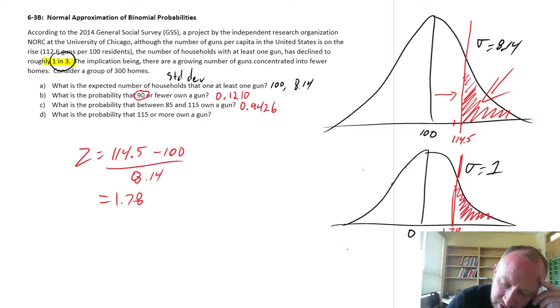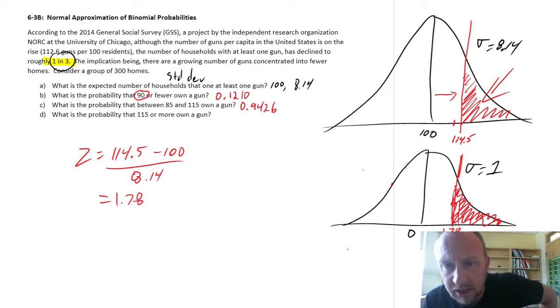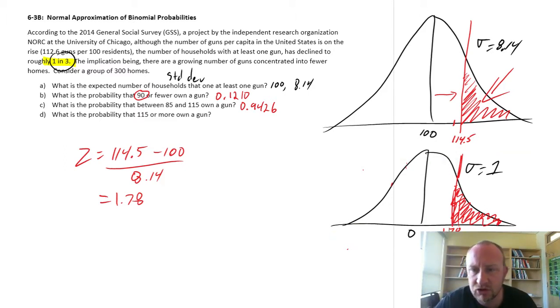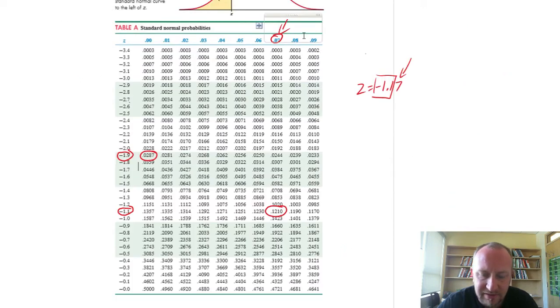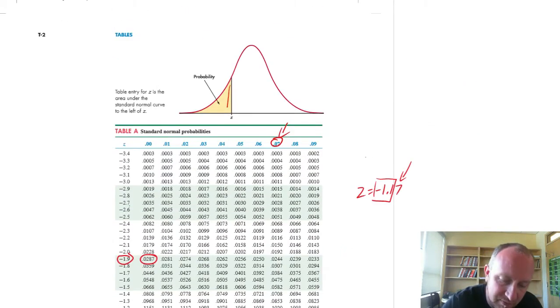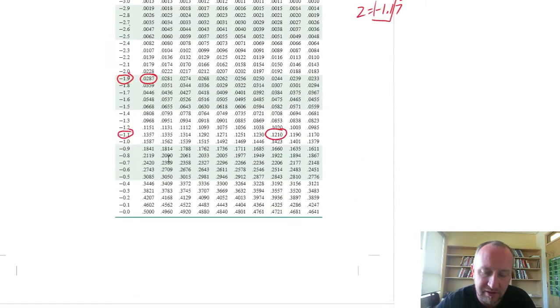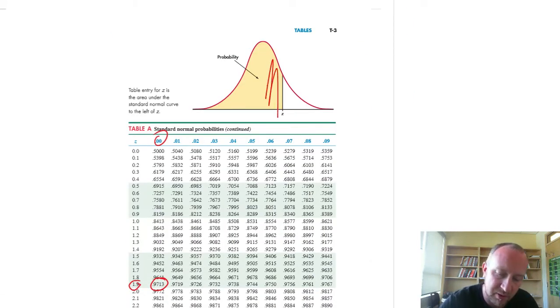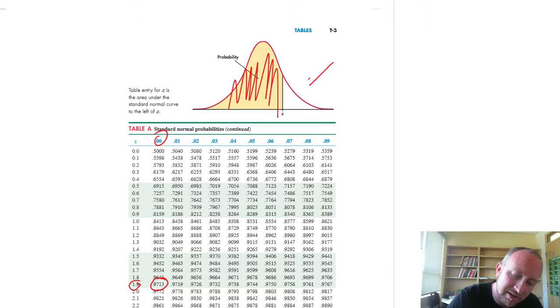All right, I want 115 or more. Now we have two ways that we can do this. The Z tables are always giving me lower tail probabilities, but what I want is the upper tail.